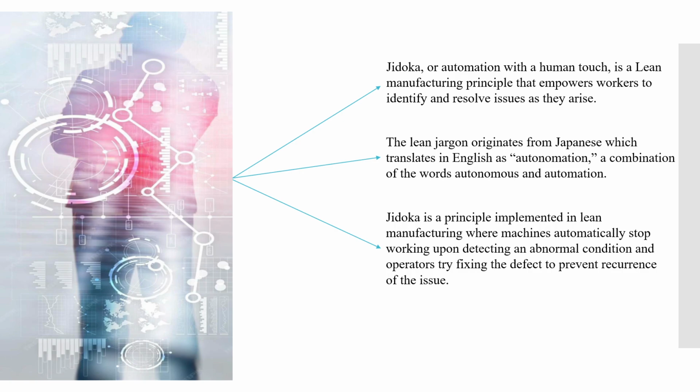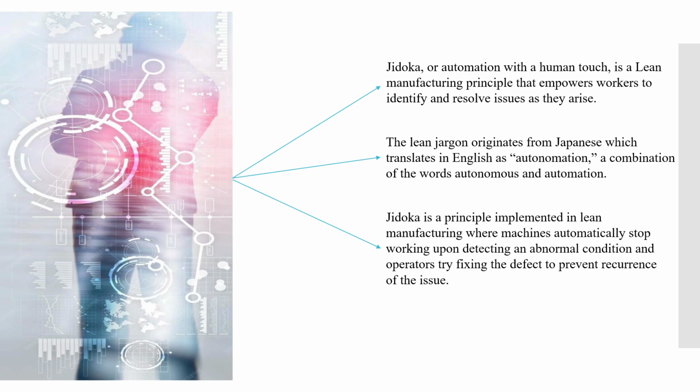It means that we have to design our workstation and our environment in such a way that everything in the process will go smoothly with the help of automation, where machines will automatically stop.